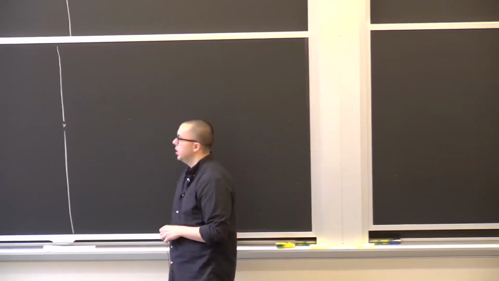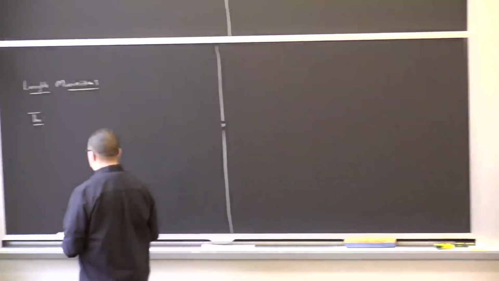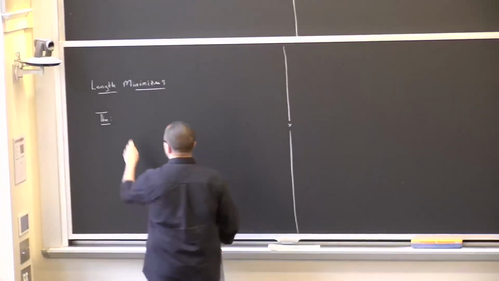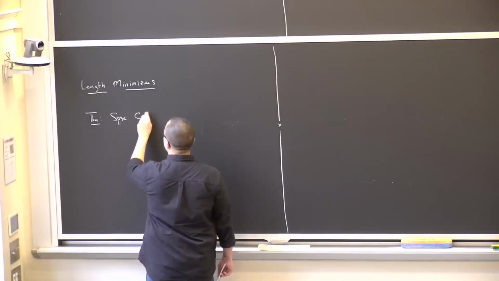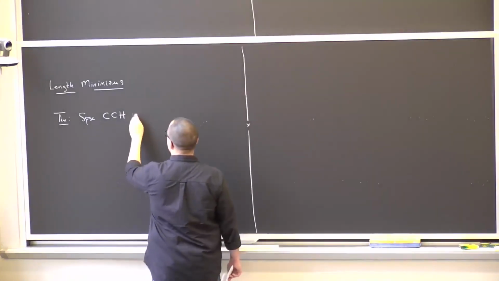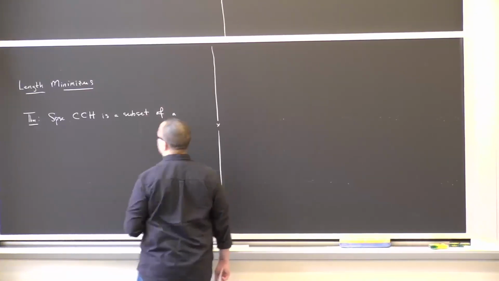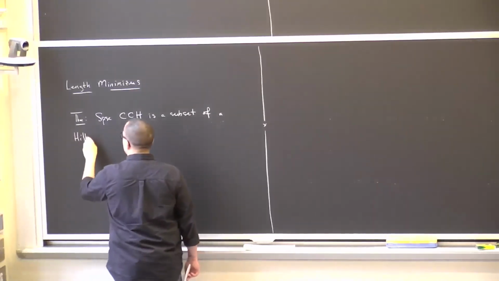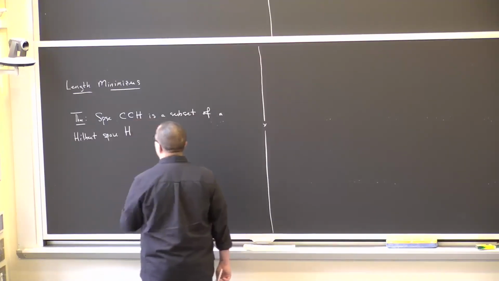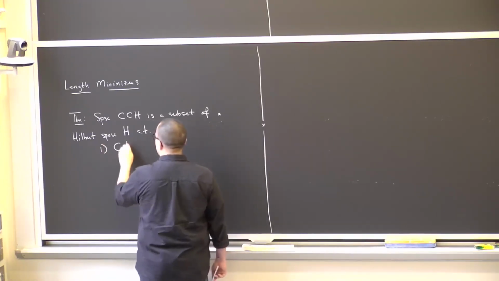Now, the answer is in fact yes, and it's in fact true for a larger class of subsets of Hilbert spaces than closed subspaces. So we have the following. Suppose C is a subset of a Hilbert space H such that three conditions hold, kind of the silliest.